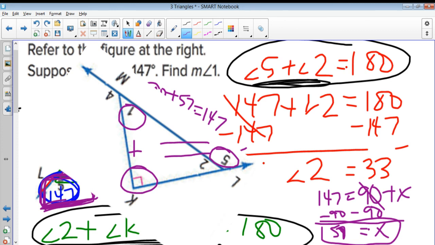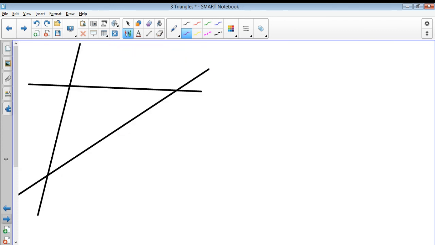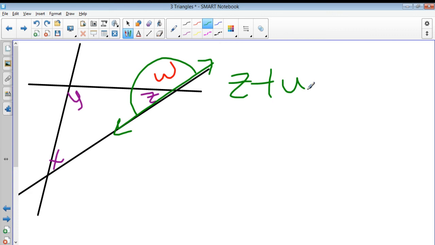Now let's look at it algebraically. So here are three intersecting lines, and let's say we have angle x, angle y, and angle z, and then we have exterior angle w. Well, again we have that linear pair. Here's the line. So what do we know? z plus w equals 180.